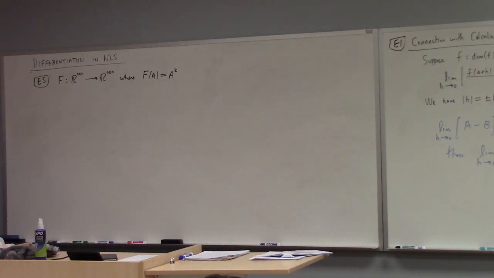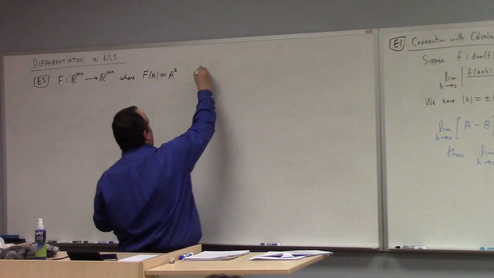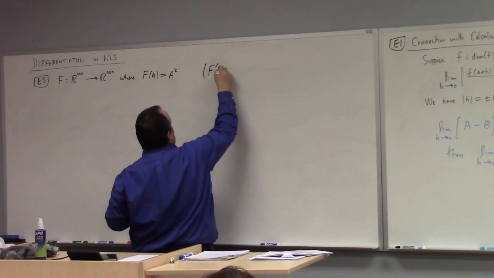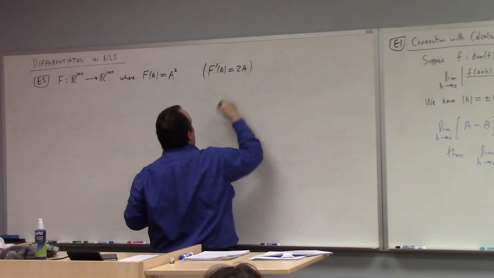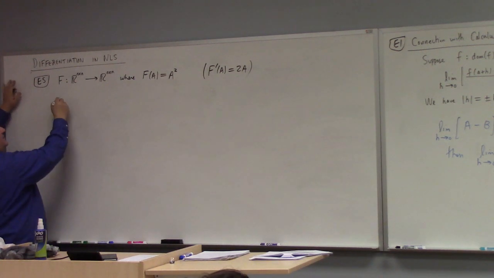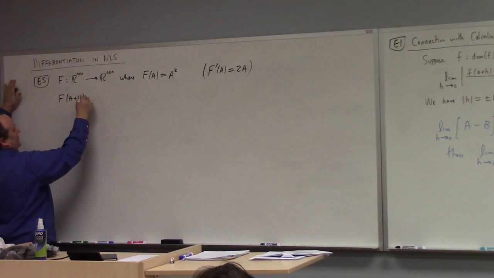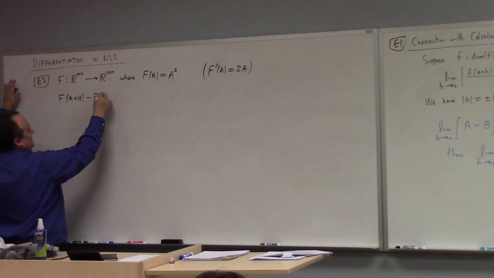So what do you guys think the derivative is here? 2a. I have a guess for f prime of a equals 2a. Let's see if that works. So if we have f of a plus h minus f of a, what's that going to give us?